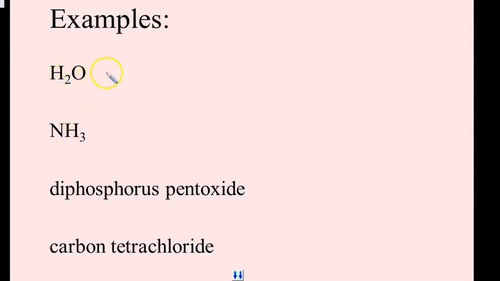So there are two hydrogens, so you would say di. And then for the first element, you just write the element name, so you're not going to change the ending of the first nonmetal. So dihydrogen. And this is one oxygen, so we would think, well, it's mono for one, but the fact that it's oxygen, we're going to change it to -ide.